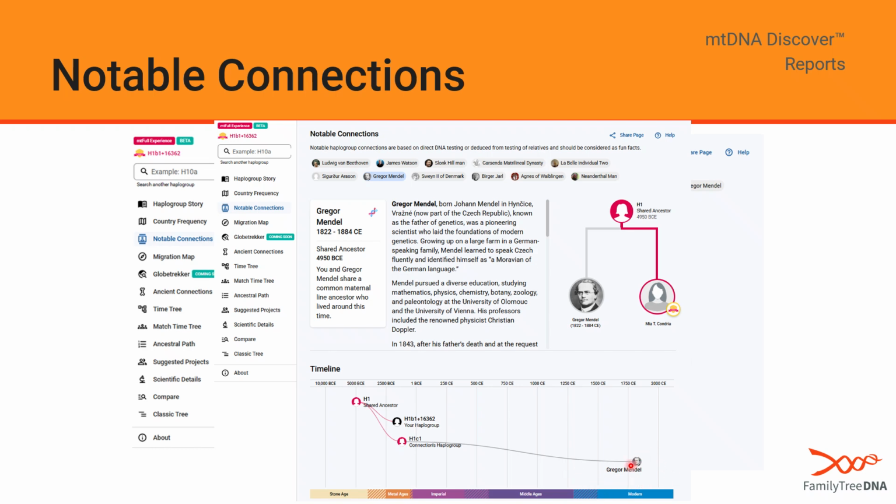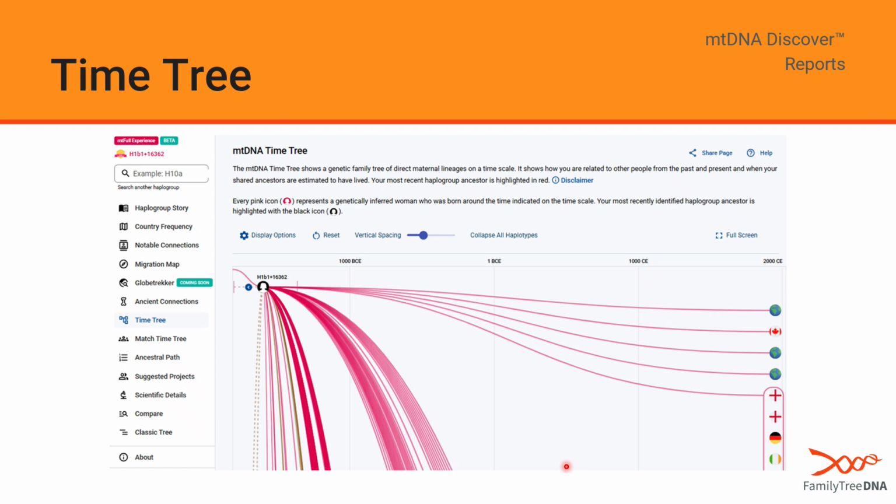Well, you, my friend, are in luck, because we also have something called the time tree. So what this does is it's a visual representation of that common ancestor that lived a long time ago, as well as all of the different descendant lines that it has. And over here on the right, these are all of the countries that the people who've tested today, who are in those lines, have reported their maternal ancestor as coming from.